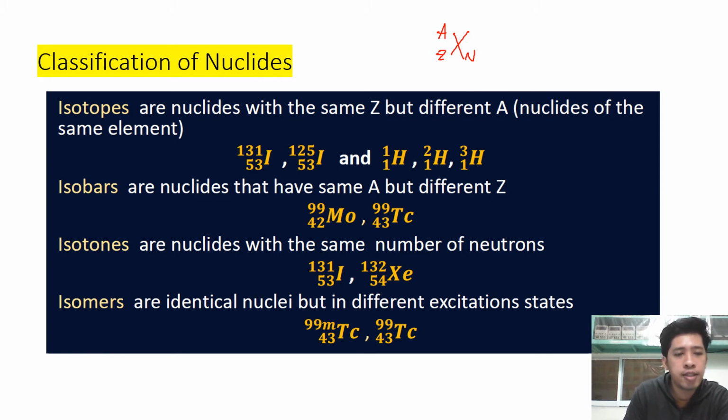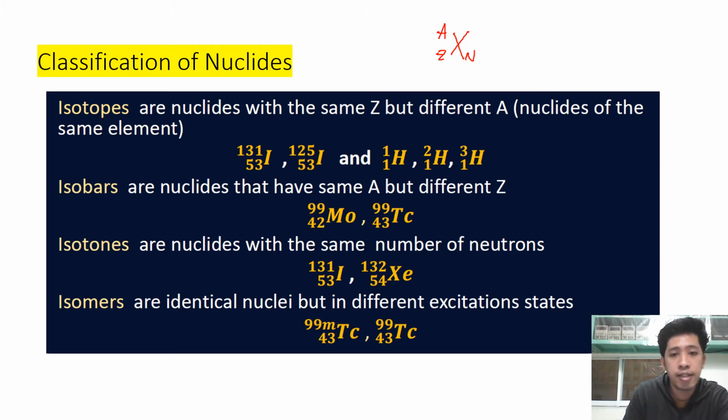We also have the classification called isobars. These are nuclei that have the same A but different Z, for example 99Mo and 99Tc. Then you have isotones.